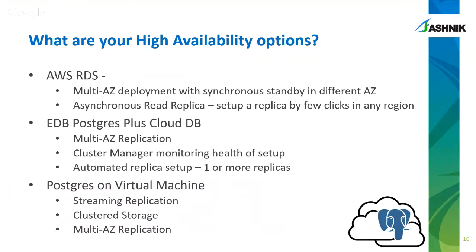The replication from the first availability zone to the second availability zone is a synchronous replication, and that ensures that your data loss is zero. And if your server fails in the first availability zone, it is automatically brought up in the second availability zone without hampering connectivity to the application.